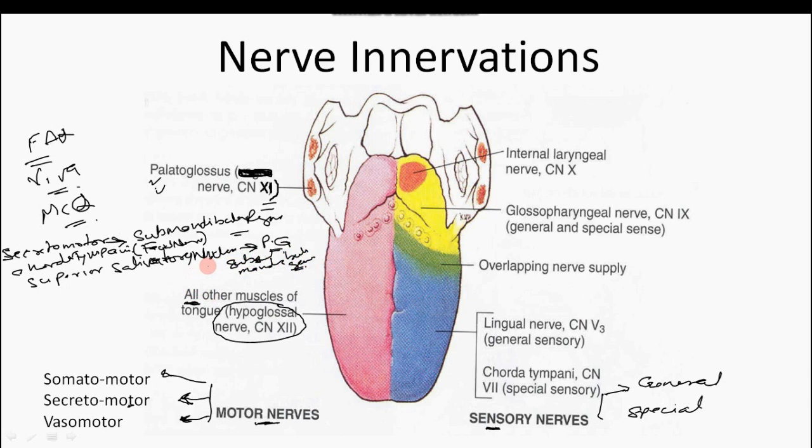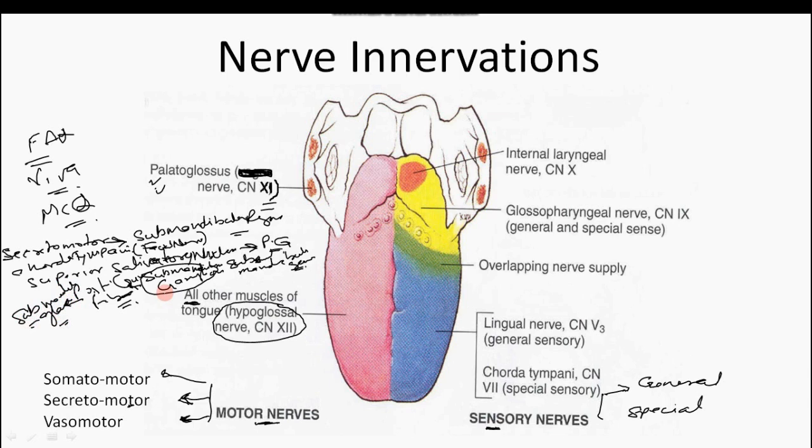So it goes to the submandibular gland via the submandibular ganglion. Through this submandibular ganglion, the postganglionic fiber goes to the submandibular gland. I have already explained this in the submandibular region. These are secretomotor nerve fibers.